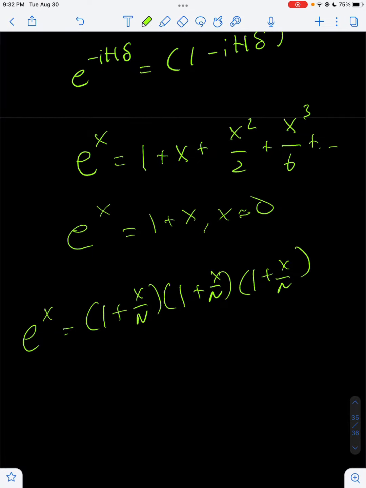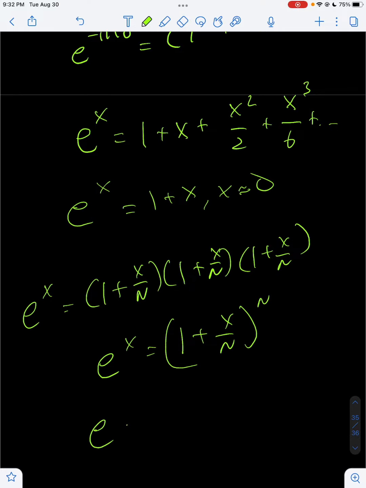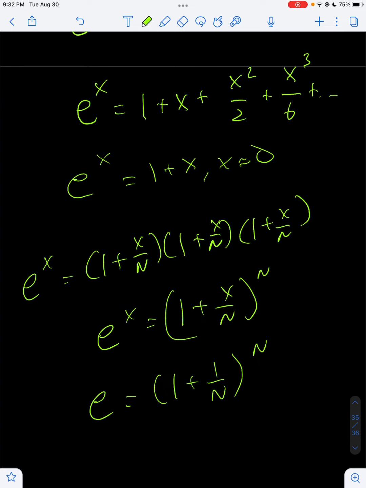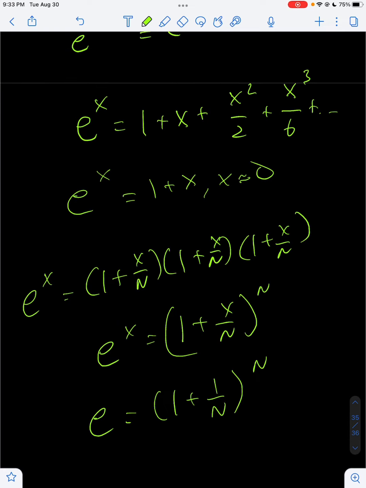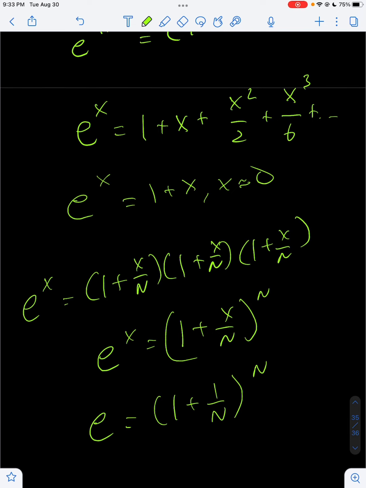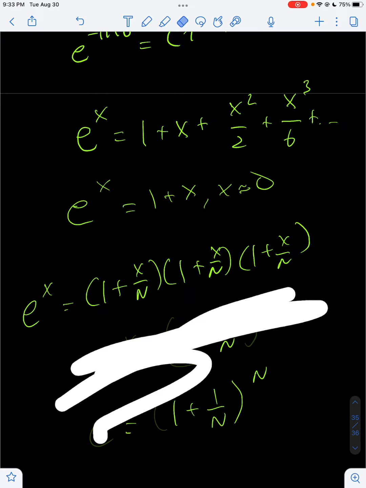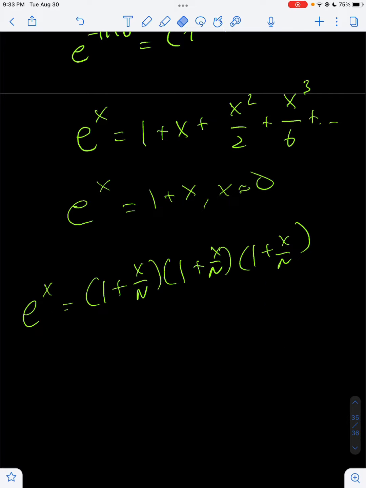Because the actual definition of e to the x is 1 plus x over n to the n, as n approaches infinity. Since e is just 1 plus 1 over n to the n in the limit as n approaches infinity. So that's just this times itself multiple times.